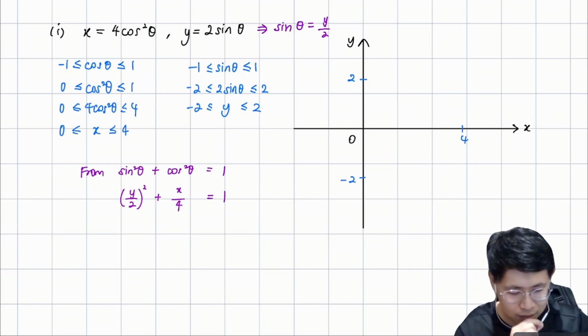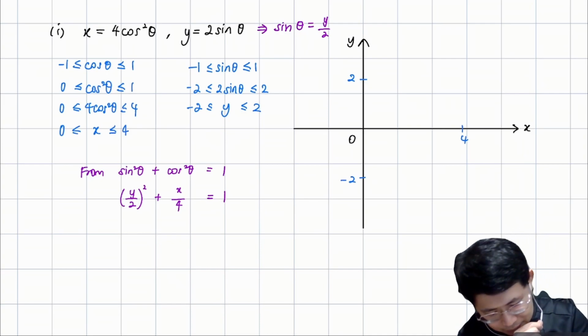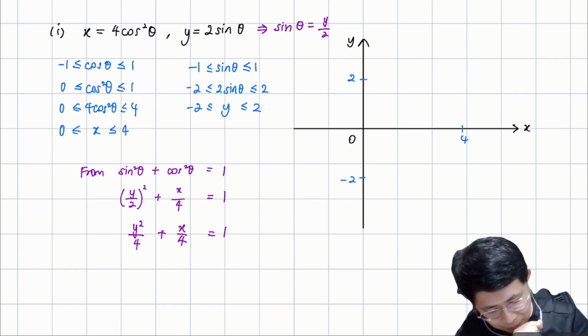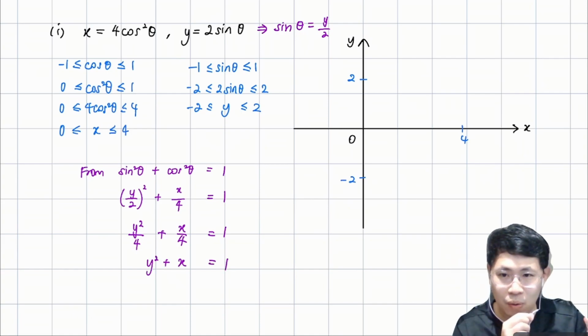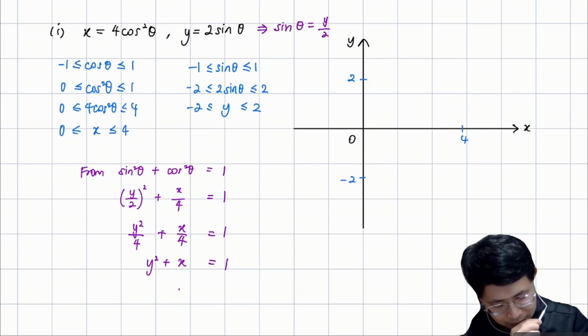Let's do a bit more fine tuning, and we can see that actually this is y square over 4 plus x over 4 equals 1. Then multiply by 4. Now you see that y has a square, but x doesn't really have a square. So this becomes a parabola.